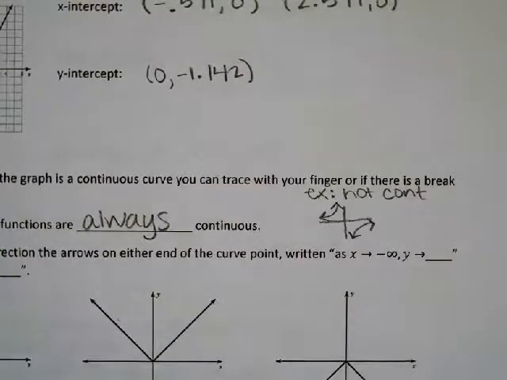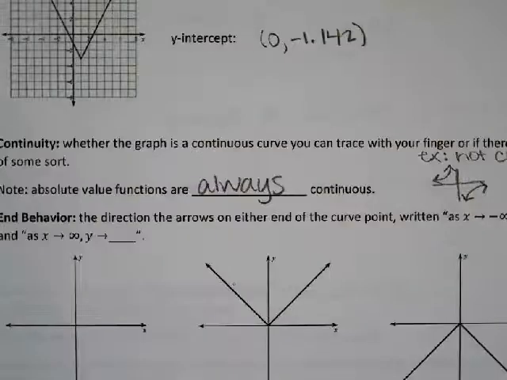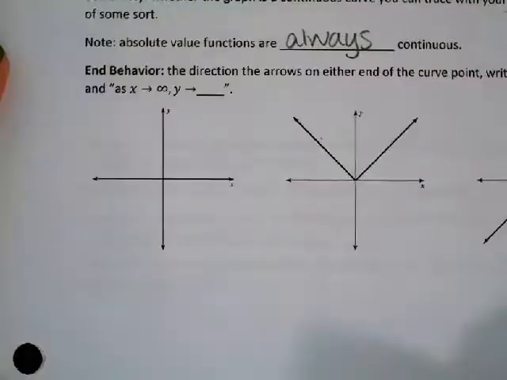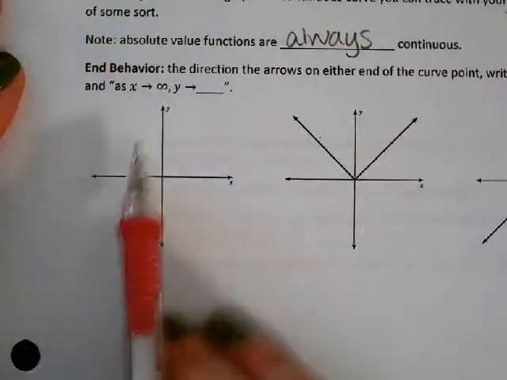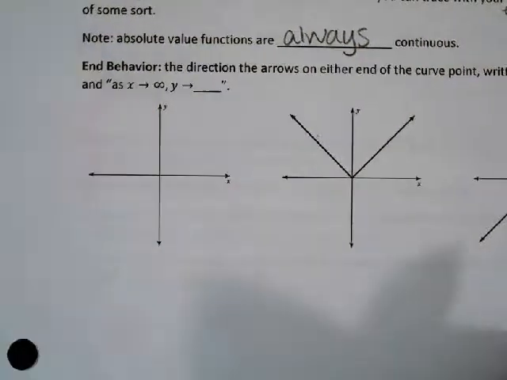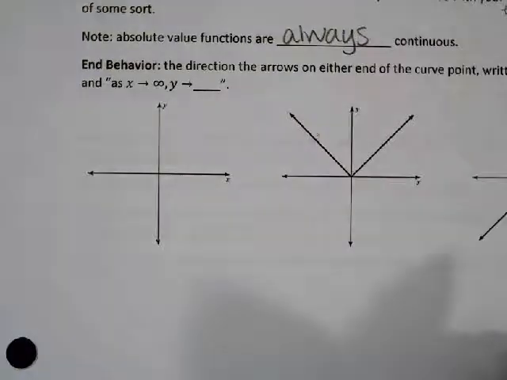Okay. The last vocabulary word that we are going to go over for characteristics is end behavior. And end behavior is just the mathematic, symbolic way of describing the arrows of the graph. So you're just describing what the ends of the graph are doing, but instead of describing it in words, you're going to describe it in math symbols.